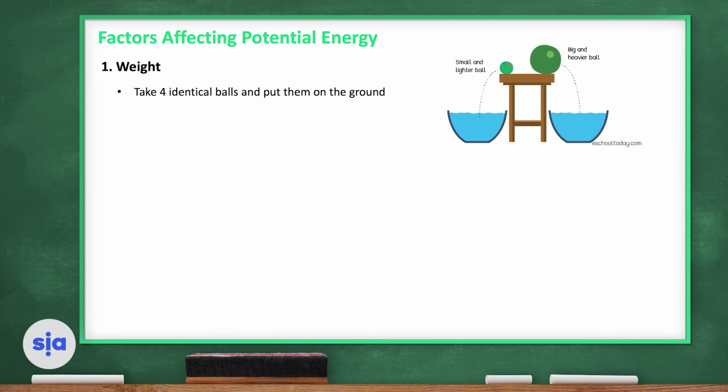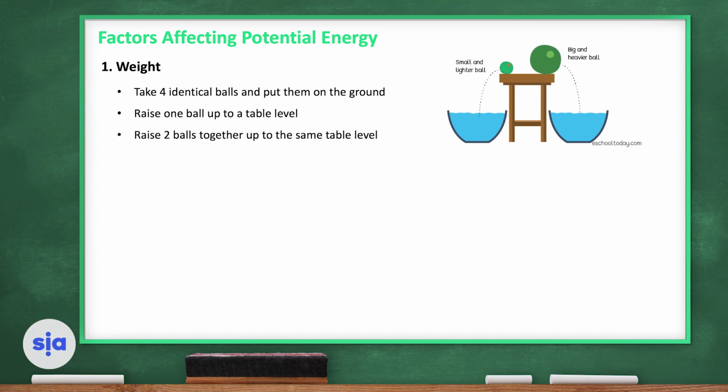Weight. Let's see together. Look at this picture. It's a small activity. There is a small ball and a big, heavier one. If you take 4 identical balls and put them on the ground, then you raise one ball up to a table level.